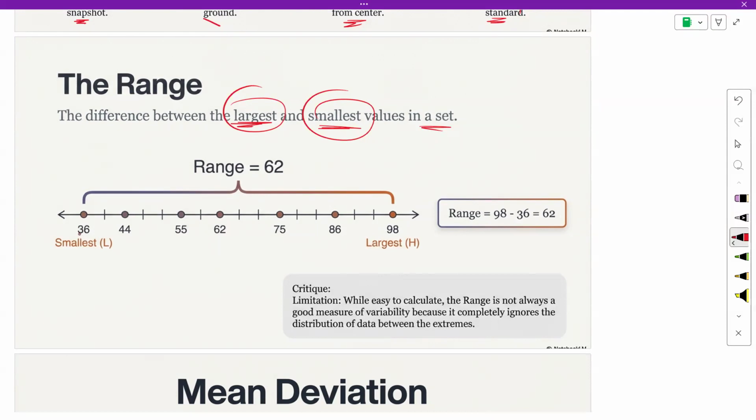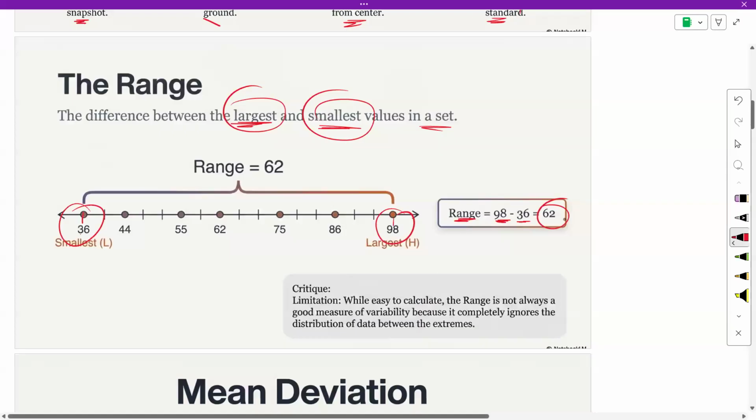Here, the smallest value is 36, 44, 55, and so on, and the highest value is 98. To find the range, we know this is the largest value and this is the smallest value. Then the range is 98 minus 36 equals 62. So this is the range.